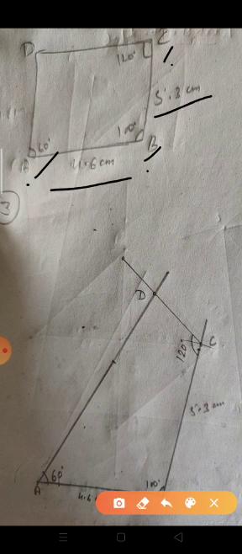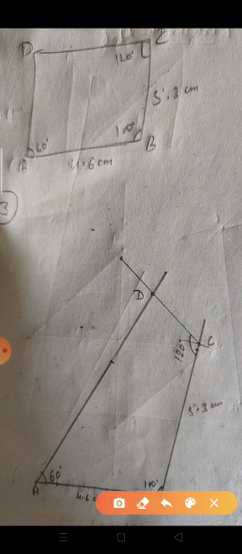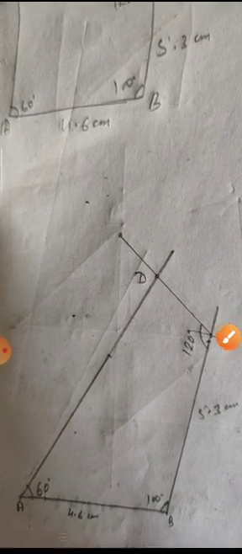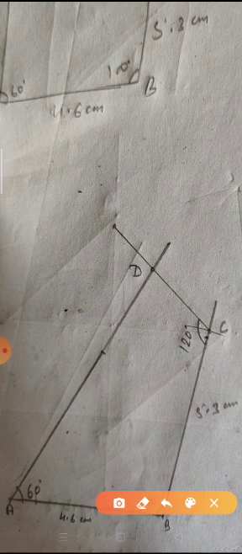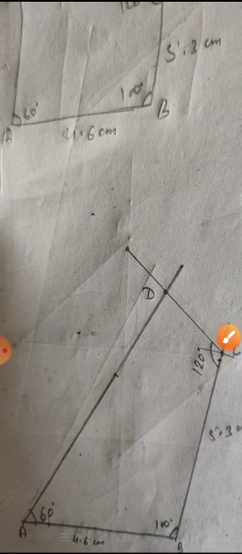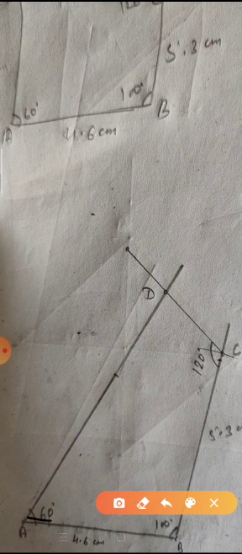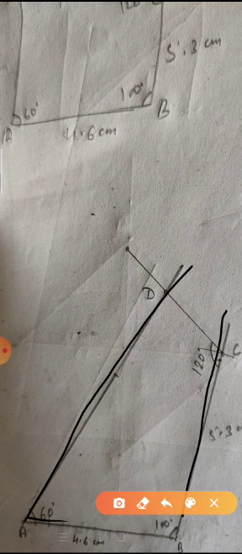So student, first we draw line AB, 4.6 centimeter. Now we draw the 60-degree angle at A, and from B we draw the 100-degree angle.